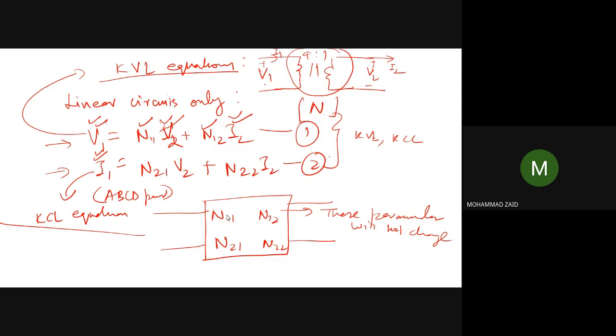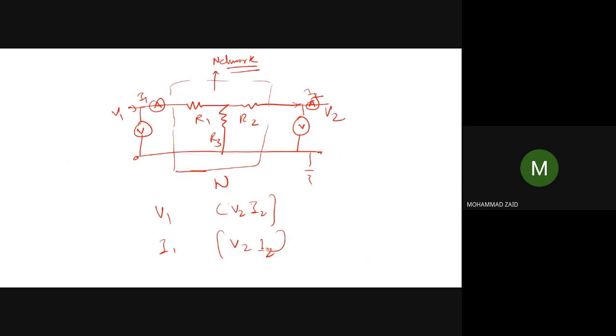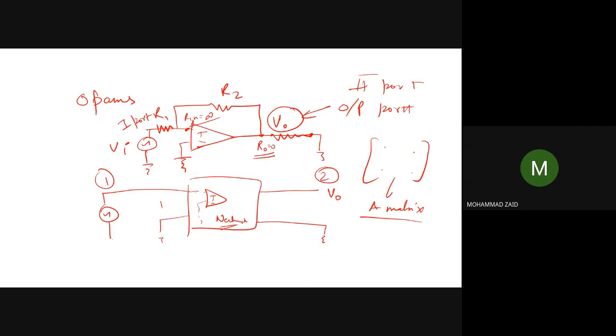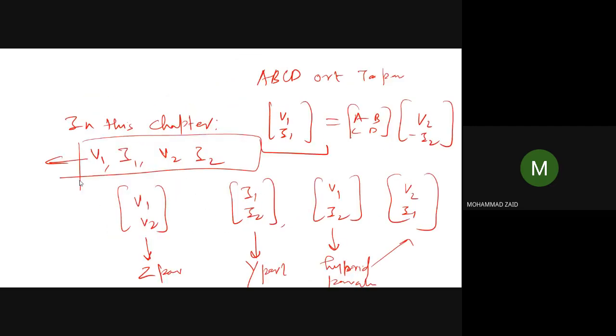For example, I have four variables. I have already shown you that I have V1, I1 and V2, I2. So I can choose two at a time. The combination theory can be applied, that is, I have to choose 2 out of 4, that is 4C2.